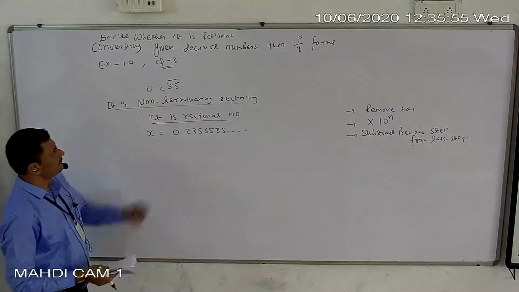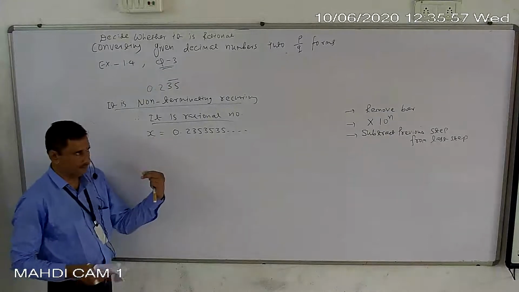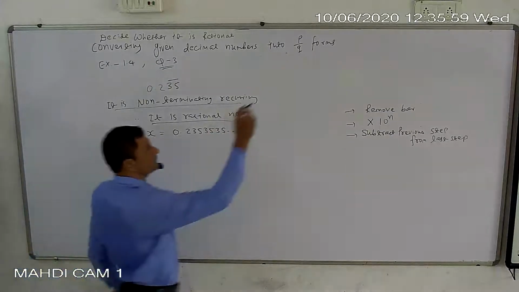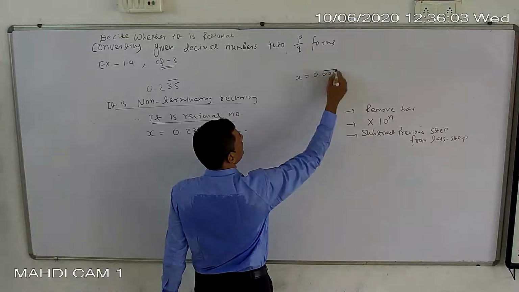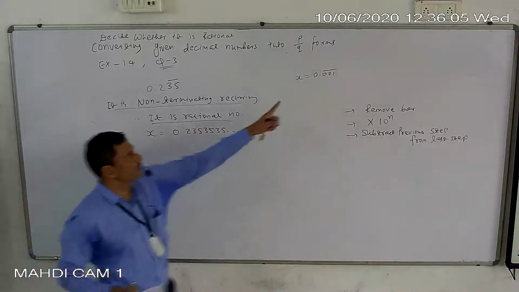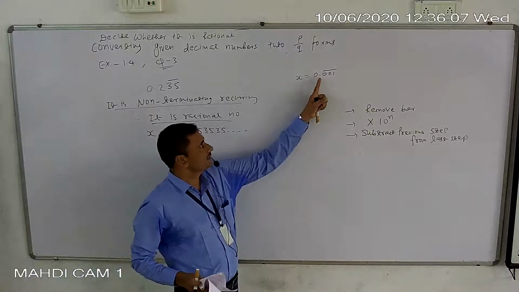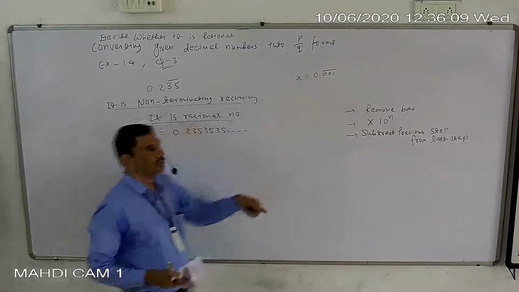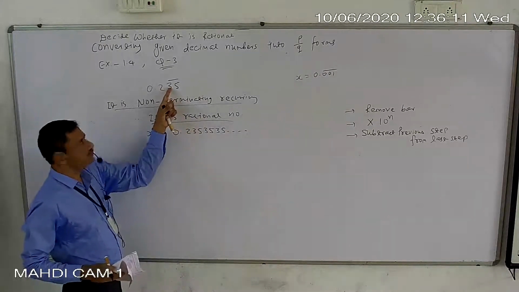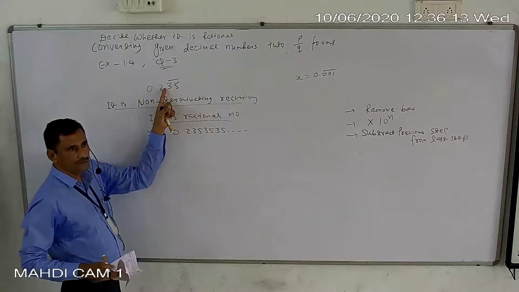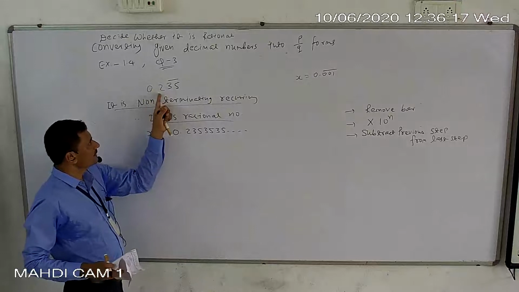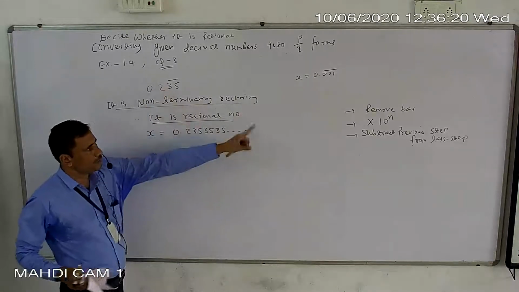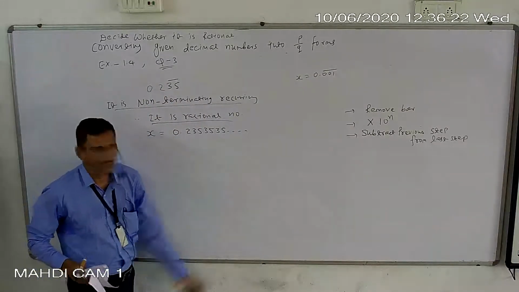Now what to do? Here is one difference. In the previous sum, x equal to 0.001, the repeating block started just after the point. Now the repeating block is not starting just after the point. So first of all, you have to shift this point here only. Then only you go through this process.